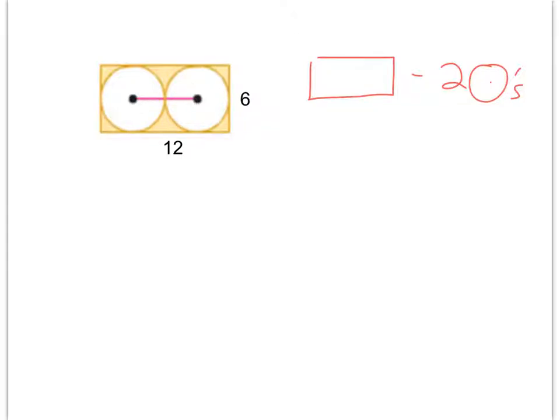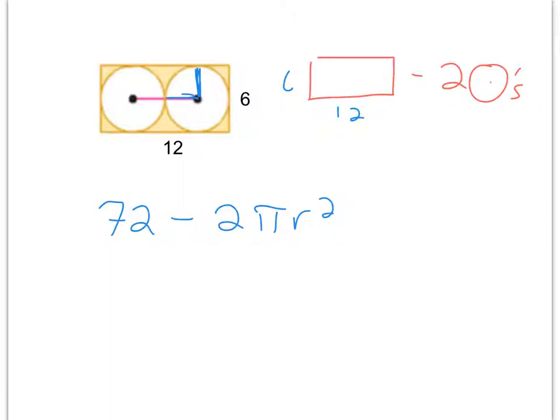So the rectangle is 6 by 12. Well, let me get my marker back. 6 by 12. So the area of the rectangle is 72, 6 times 12, minus the area of the circles, which of course is 2 pi r squared. In this case, each of the circles has a radius of 3.